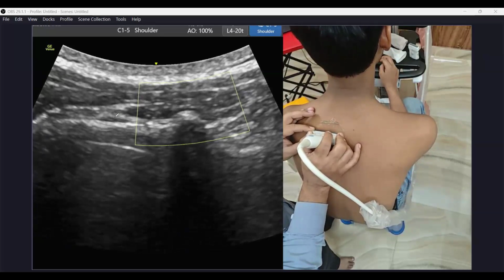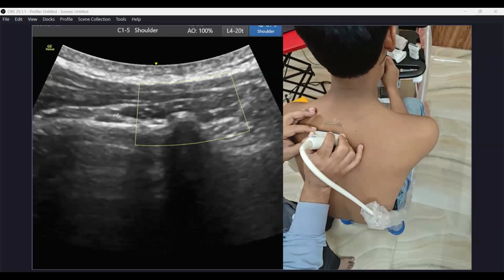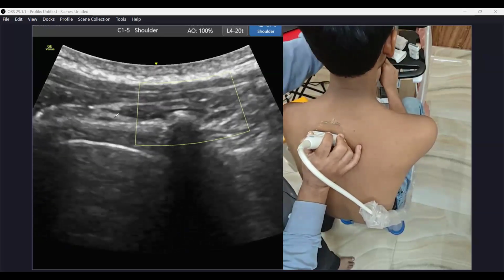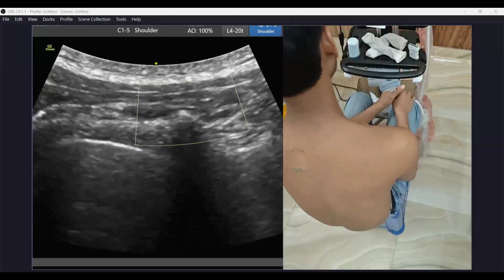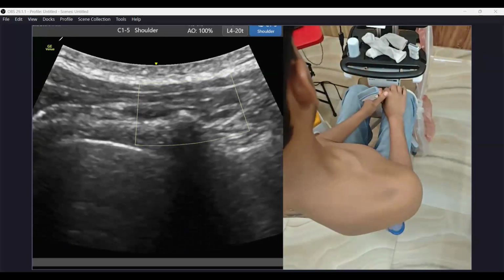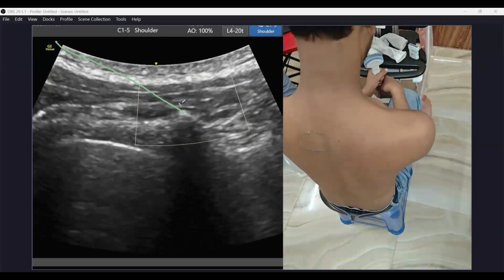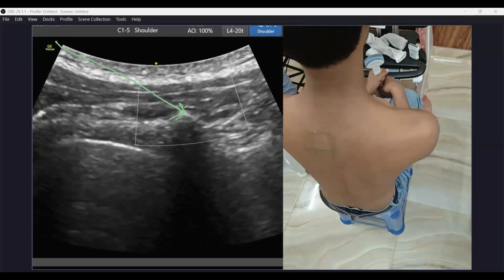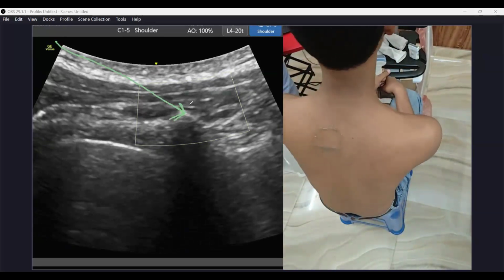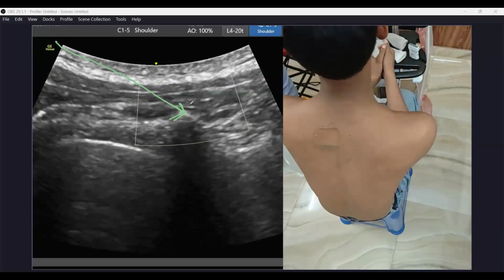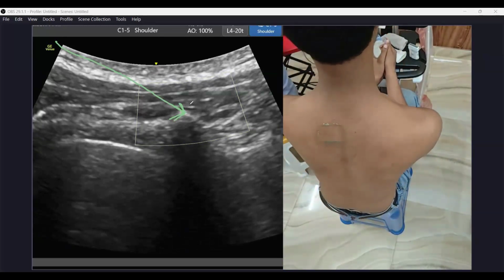So when my target is at the upper and outer level of the transverse process, my needle can come like this and I can hit this area, and then you can do the block, and you can stimulate and do the RF also.